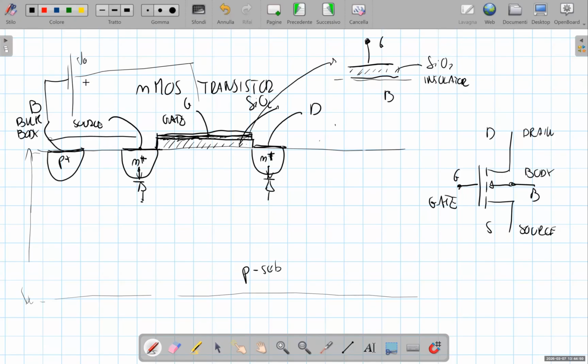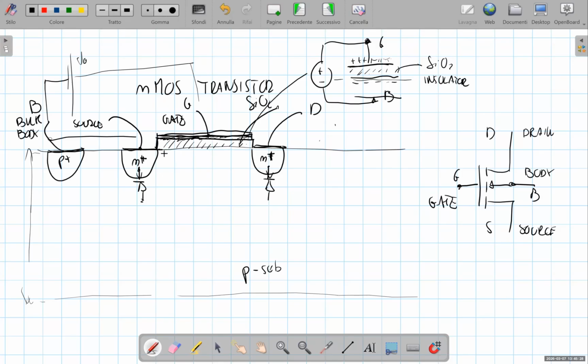When we apply this voltage, we induce a charge on the two plates of this capacitor. Supposing this is contacting the bulk, we induce a positive charge on the metal plate and a negative charge on the semiconductor plate of this capacitor.